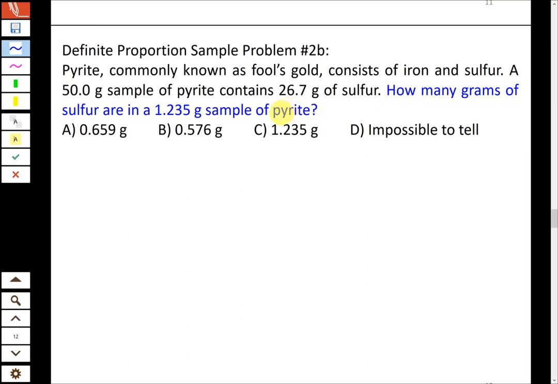So there's a couple ways we can set this up, but the way that I like to do it is what's called the factor label method. And what that relies on is recognizing that mass ratios or mass percents can be used as conversion factors.